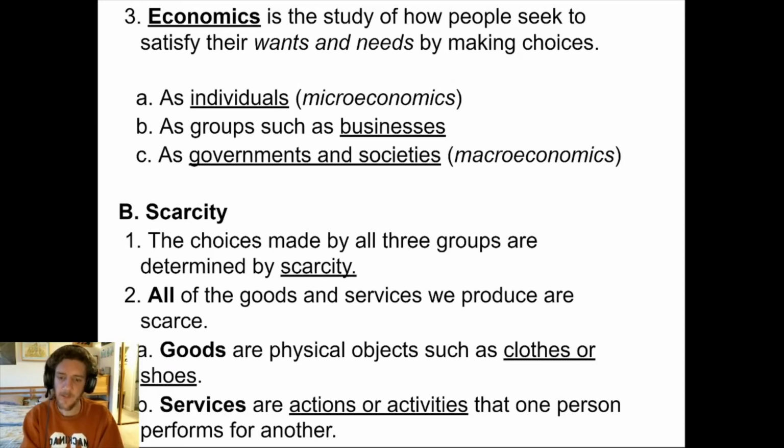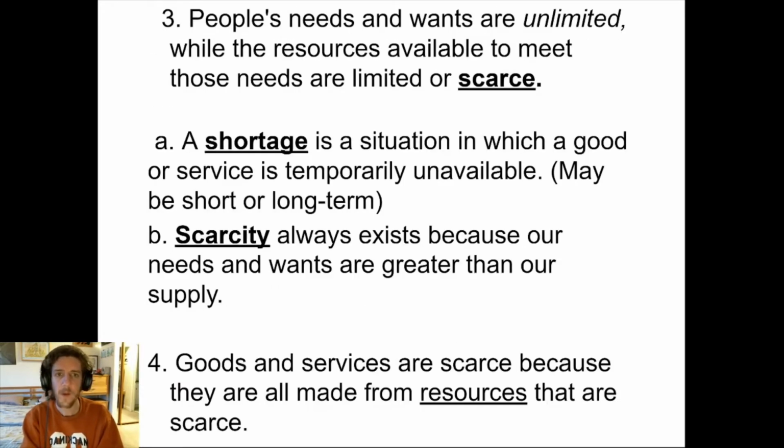Scarcity is the basic recognition that all the goods and services that we produce in the world are scarce. Goods are the physical objects we create, like clothes and shoes. Services are actions or activities that one person performs or another. So scarcity is the state of the limited nature of everything in the world, really, right?